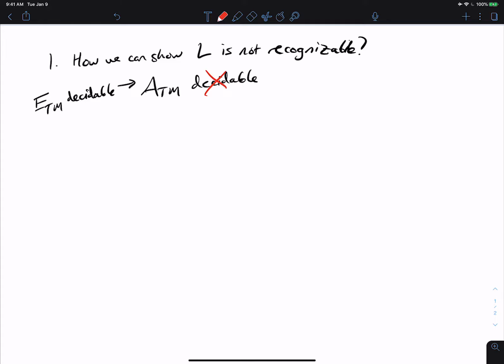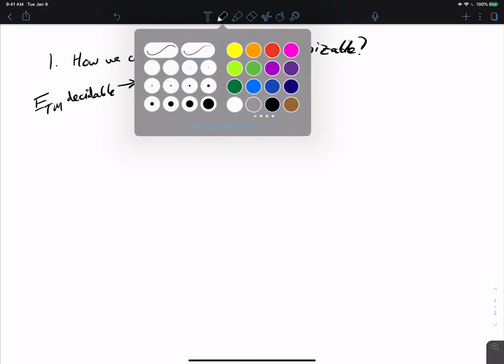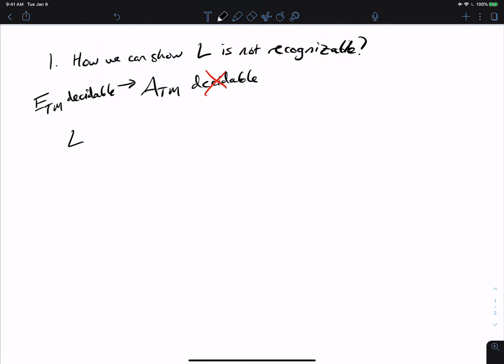One result that we used multiple times is that L is decidable if and only if L is recognizable and L bar is recognizable.